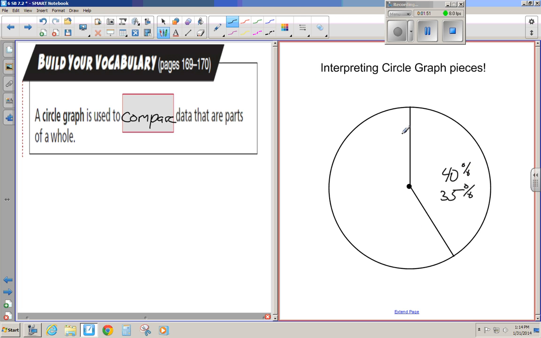It's an interpretation. We're not going to deal with the actual angles right now, but that is how you could interpret the percentages. So let's do a few of them.